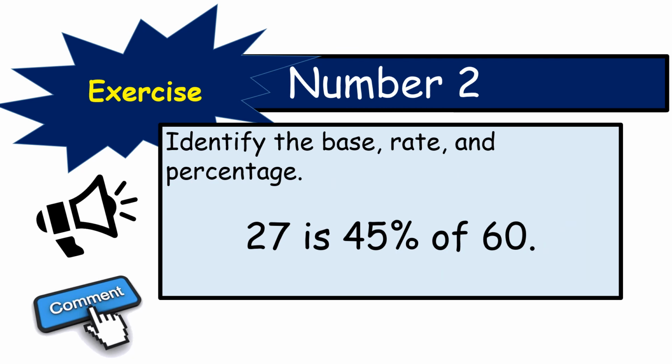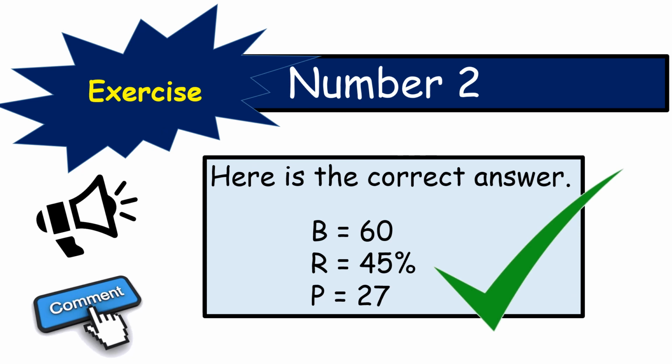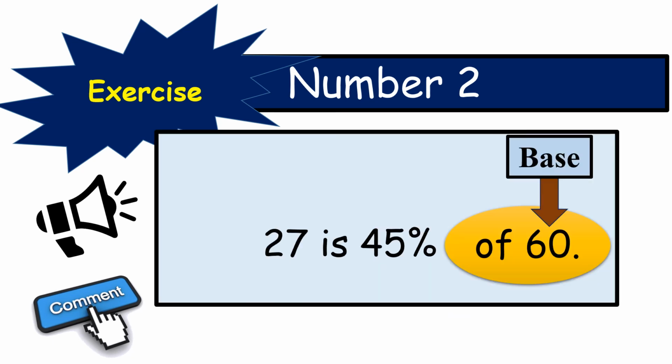For number 2, identify the base, rate, and percentage. 27 is 45% of 60. Here is the correct answer. Base is equal to 60, rate is equal to 45%, and percentage equals 27.